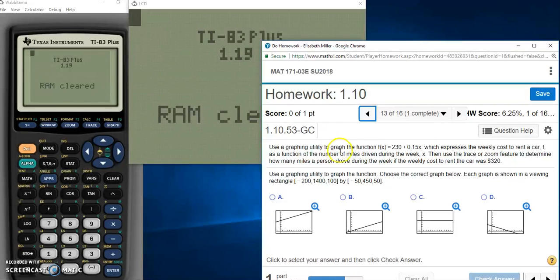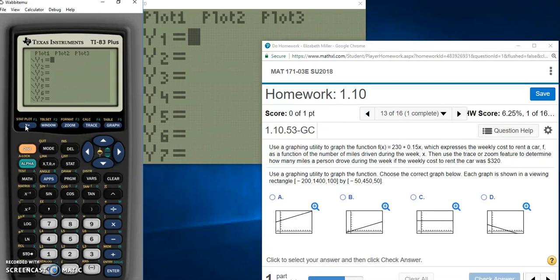So it says using a graphing utility to graph the function, which expresses the weekly cost to rent a car as a function of the number of miles driven during the week. So first we're going to go to y equals and graph the function.